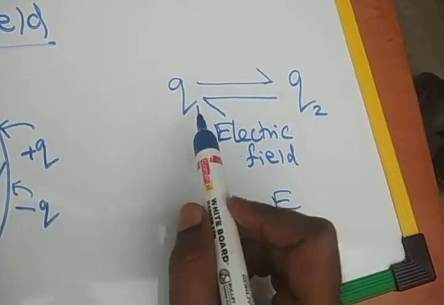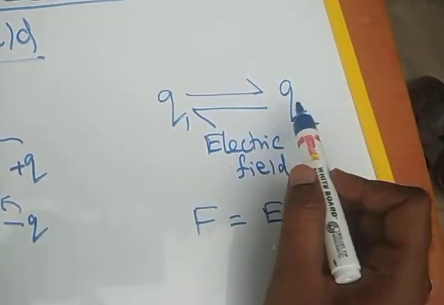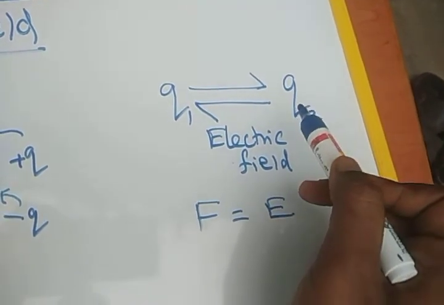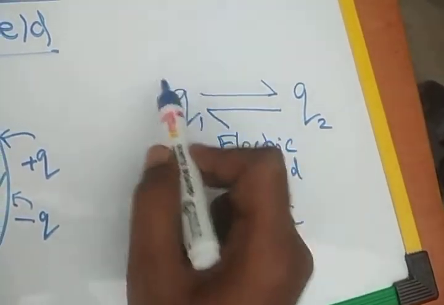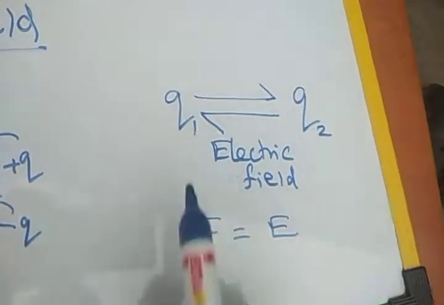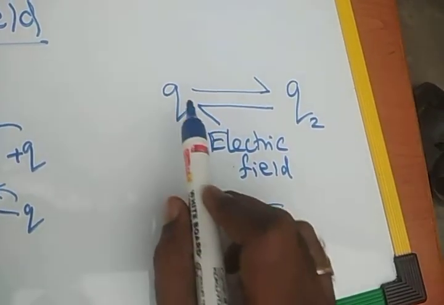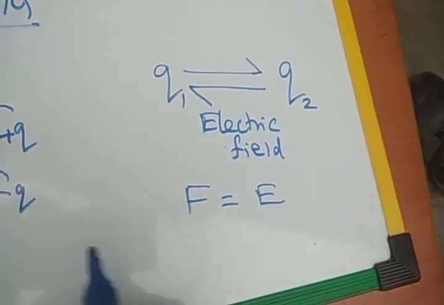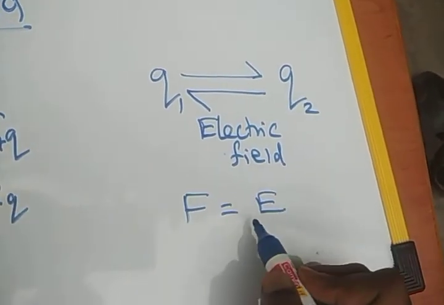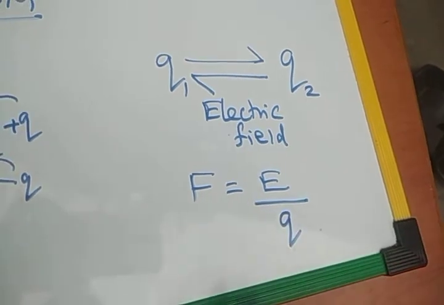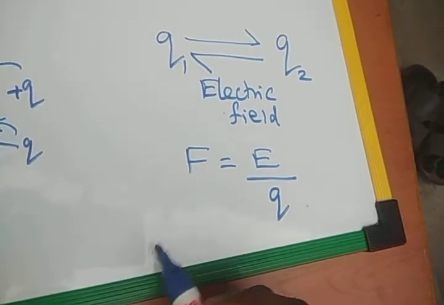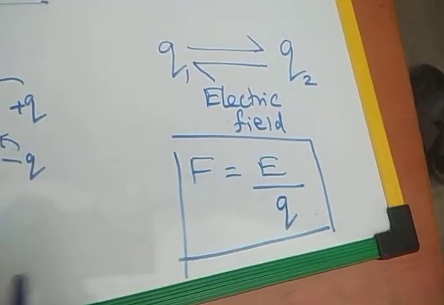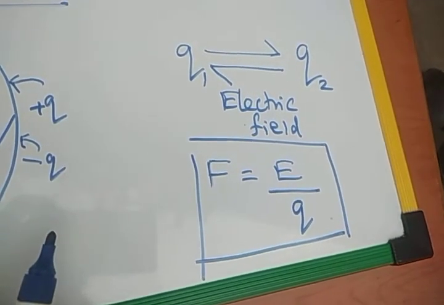The force exerted by Q1 on Q2 when Q2 is kept nearer to it, and similarly the force exerted by Q2 on Q1 when Q1 is kept nearer to Q2. So the force exerted by each charge on the other is equal to the electric field times the charge, so we put the denominator Q, that is for per unit charge. This is the relation between electric force and electric field.